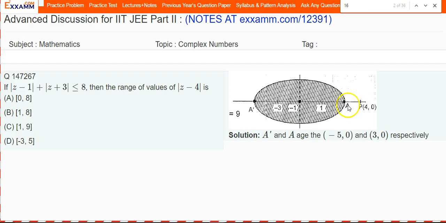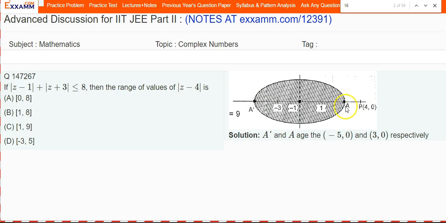Now in all such cases, the first thing we do is draw a line joining the given point and the center, and the minima and maxima would lie on this line. The minimum distance, as is obvious from this picture, of point P from any of the points inside or on the ellipse is PA, and the maximum is PA dash.